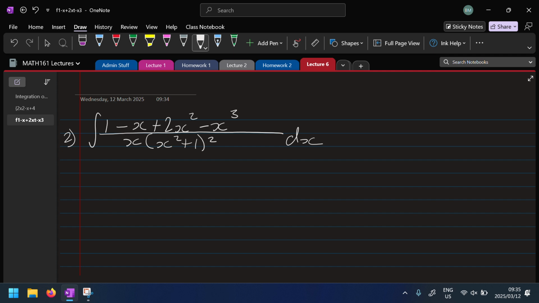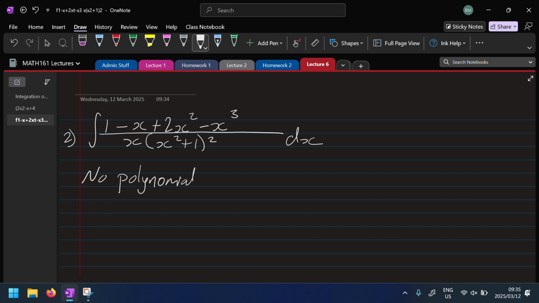That's always the first thing. The top has degree 3. Let's look at the bottom. Here we've got x squared, so that's x to the 4. We've got another x, so that's x to the 5. So the degree of the top is 3, degree of the bottom is 5, so no polynomial long division.